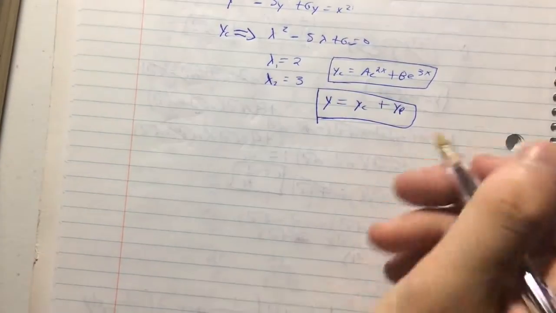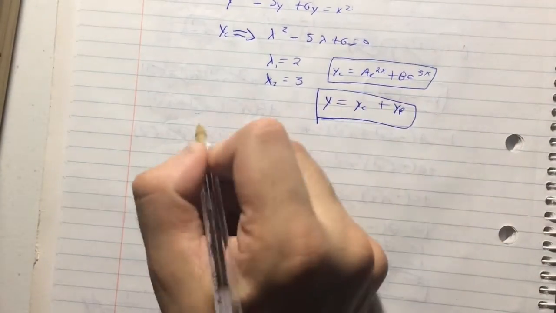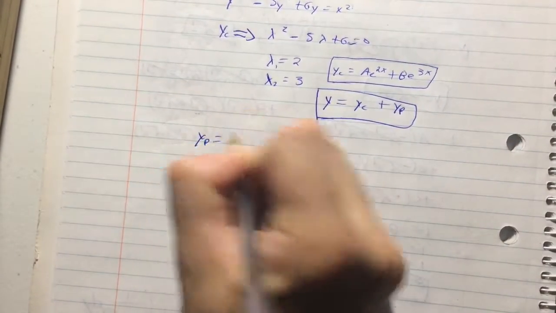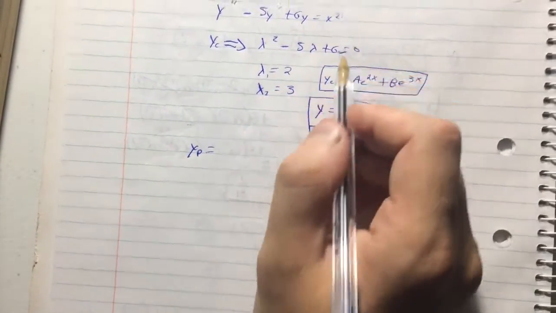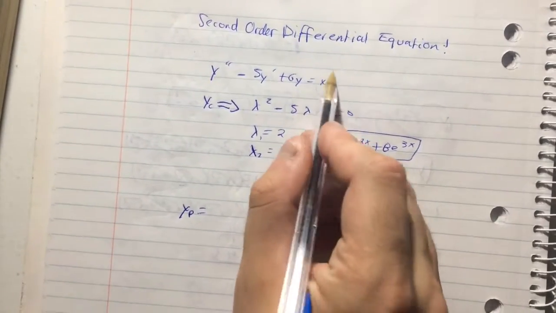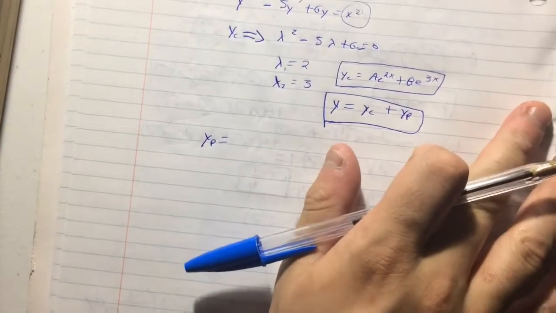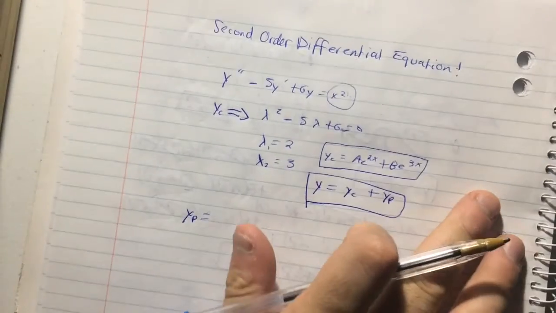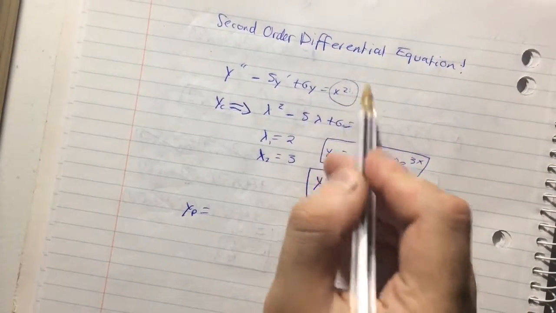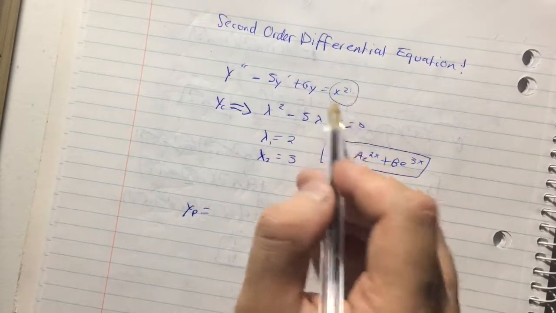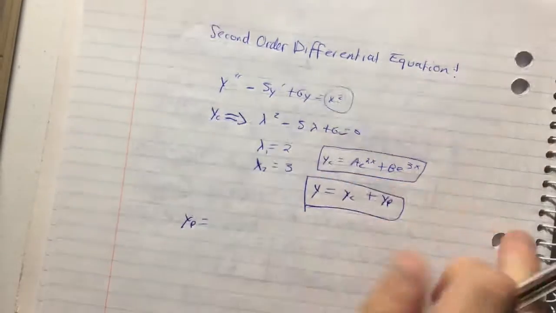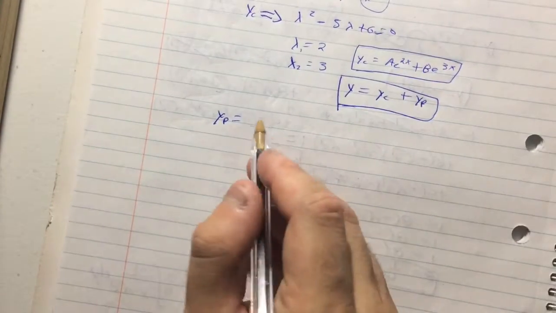Now, I need to find out what the particular solution is. So yp is equal to, see this x squared here. There's a rule for all kinds of expressions: whatever's on this side of the equation, you'll have a certain rule on how you would write the particular solution.